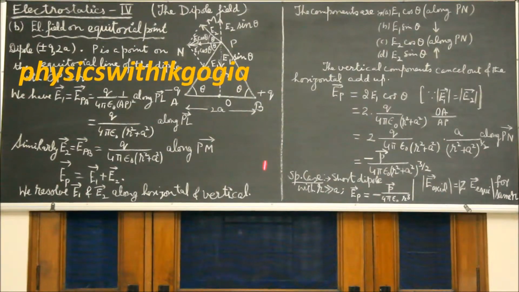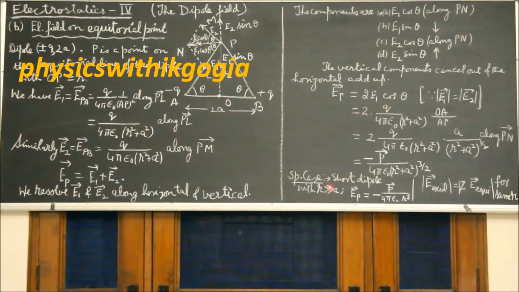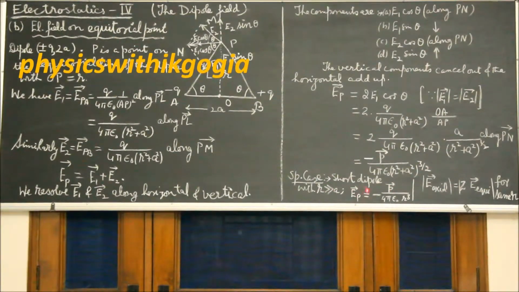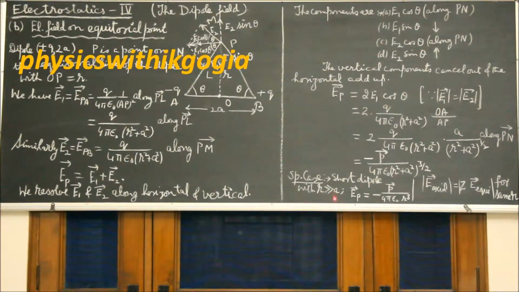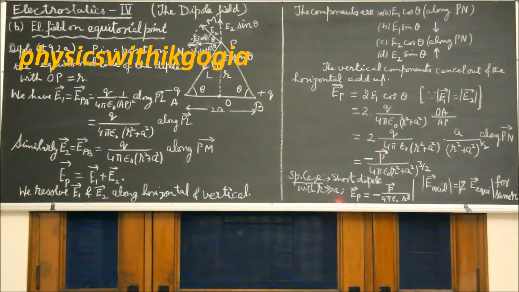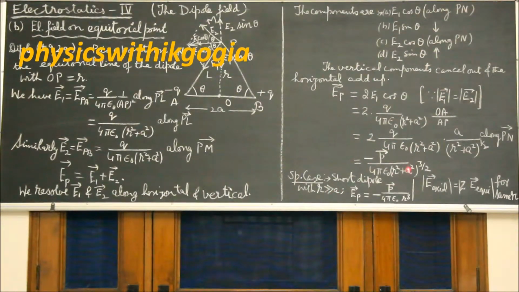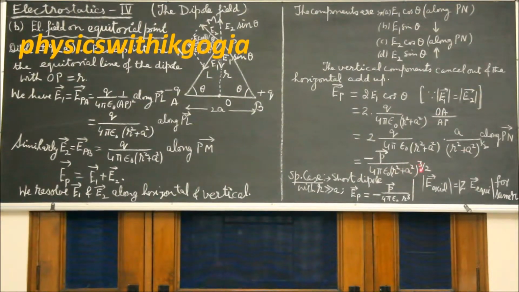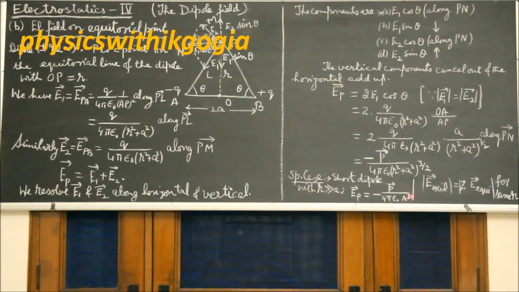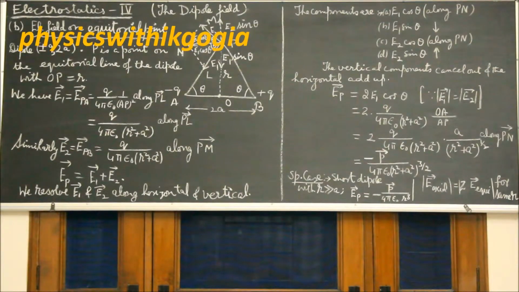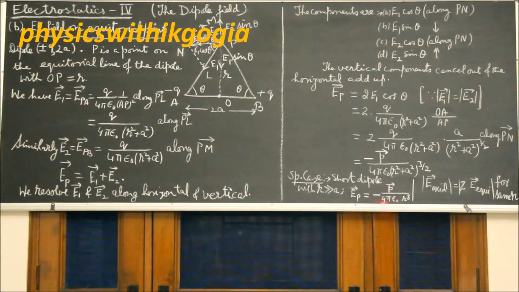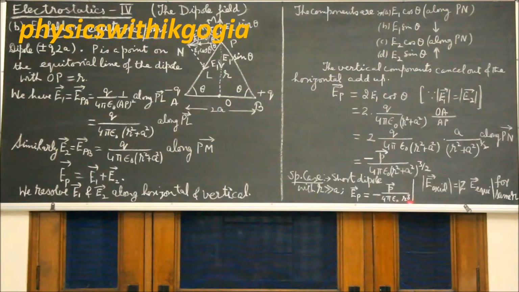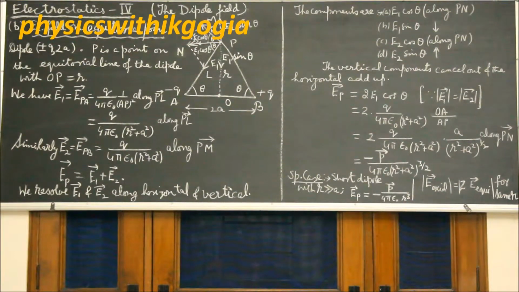Taking a special case of a short dipole at a far off point, that is, r very large as compared to a, we neglect a as compared to r. That gives you (r square) to the power 3 by 2, which is r cube. So EP is minus p over 4 pi epsilon naught r cube for a short dipole.